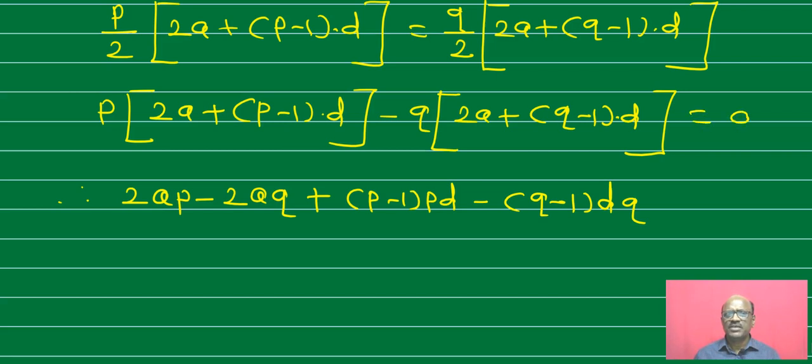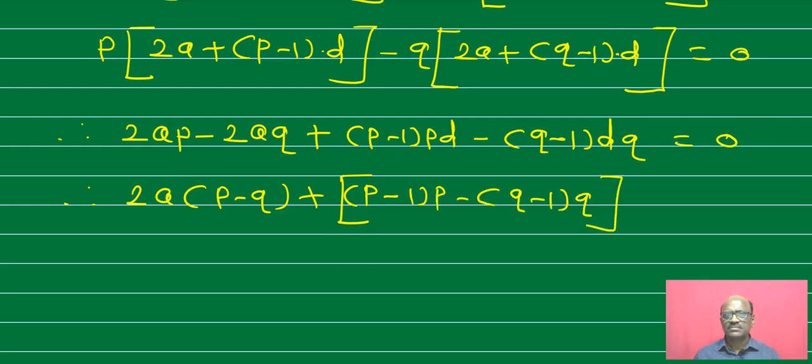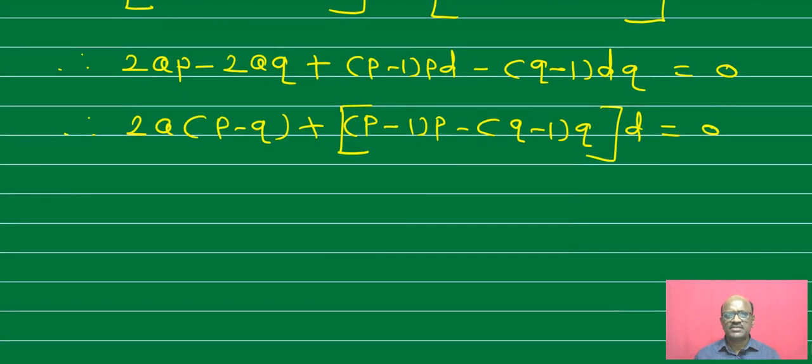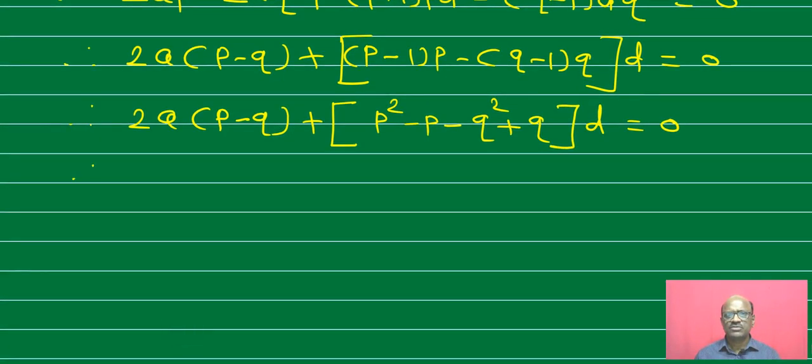That is 2ap minus 2aq plus p minus 1 pd minus q minus 1 dq equals to 0. Now 2a is common, then in bracket you will get p minus q. And from the remaining two brackets, take d as common. Now simplify this. The square bracket will simplify. That is 2a in bracket p minus q, p square minus p, q square plus q into d equals to 0.